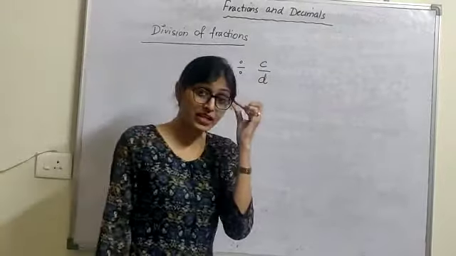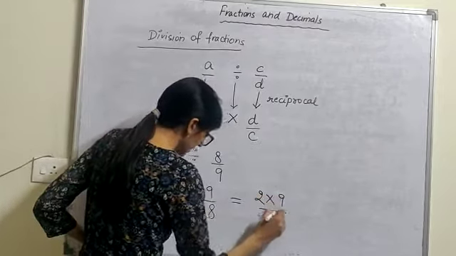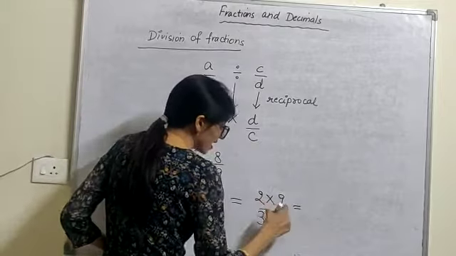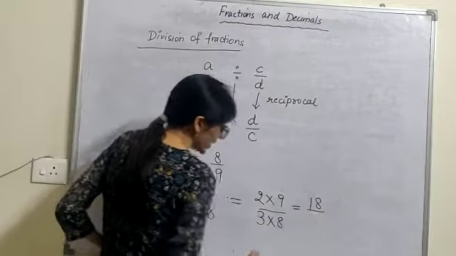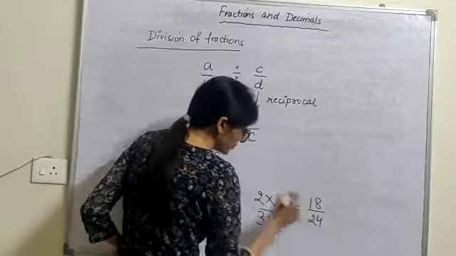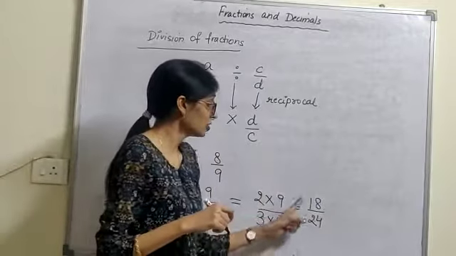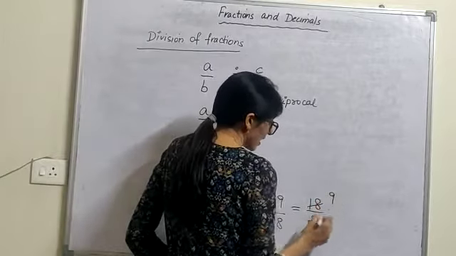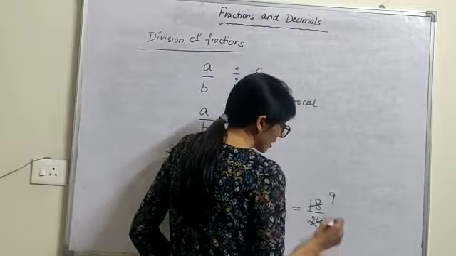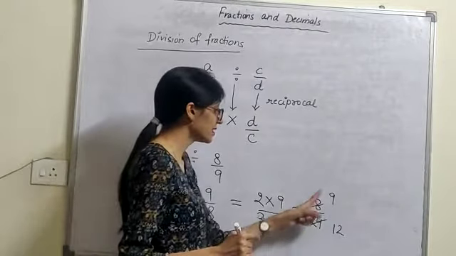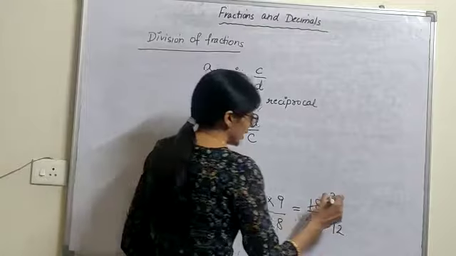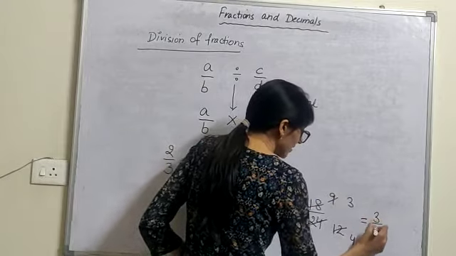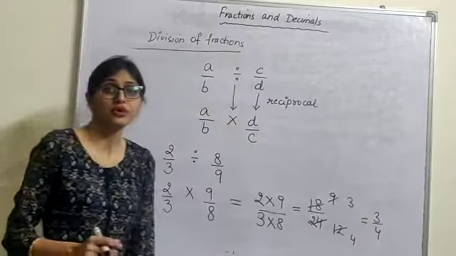Now, 2 into 9, 3 into 8, 2 9s are 18, 3 8s are 24. Both these numbers come in the table of 2. 2 9s are 18, 2 12s are 24. Again, both these numbers come in the table of 3. 3 3s are 9, 3 4s are 12. So the answer is 3 by 4.